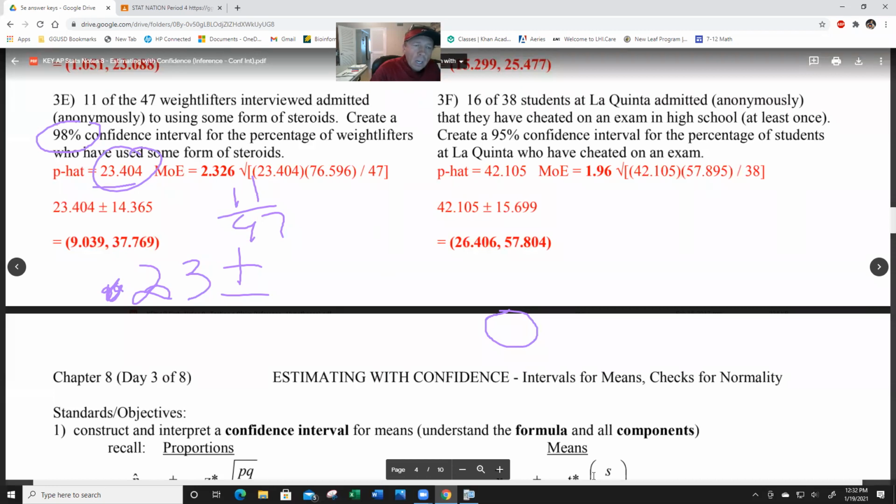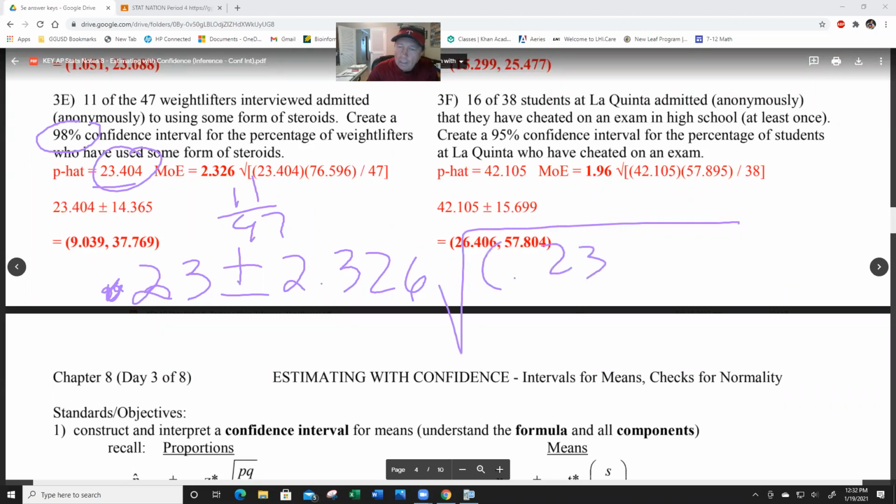So we're going to go 2.326. Okay. Erase this real quick. Okay. Times P, 0.23, 1 minus P, 0.77 over N, which is 47.